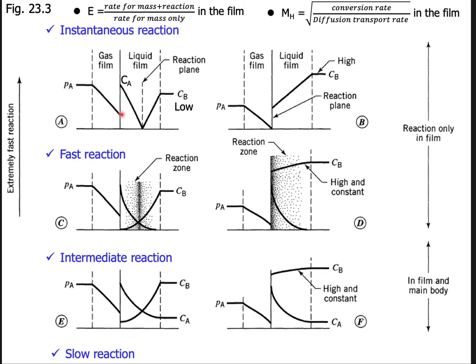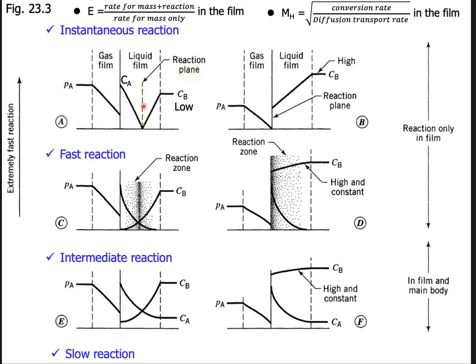Based on PA equals HA CA, as long as you know the Henry's constant, you can know the CA, right? And A also diffuses through the liquid film. And at this time, B from the bulk liquid also diffuses through the liquid film. As long as A meets B, and the reaction is very fast, you can get the reaction plane.